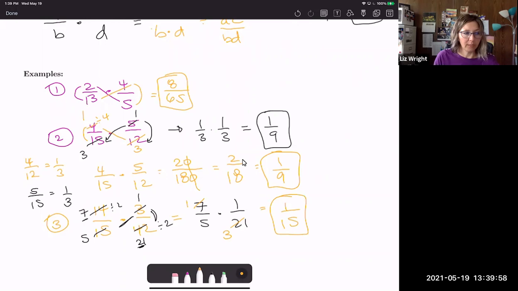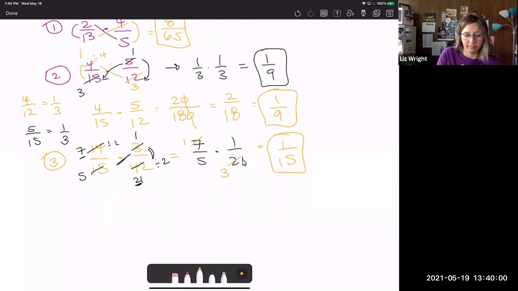Let's try one more. So we're going to do 18/25 times 15/18. This one I would absolutely reduce on the front end because it makes it so much easier.